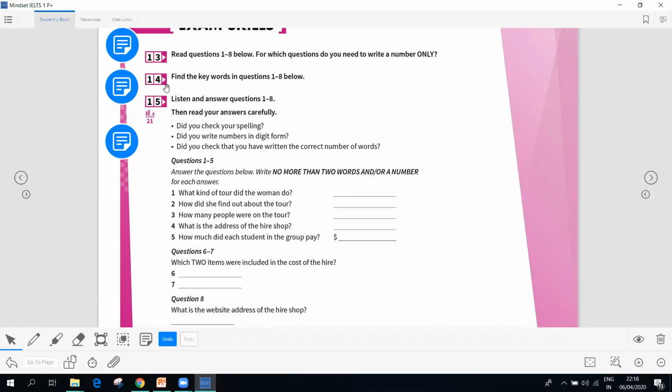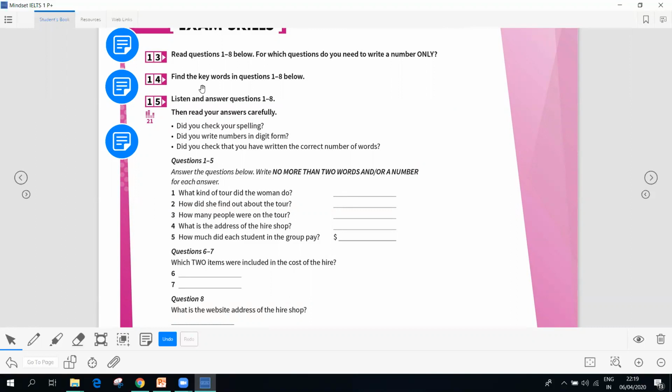Task 14 is finding keywords. I already showed you how to find keywords. Focus on the question word and look for content words. Do you remember what I told you about keywords? Keywords are words that carry the meaning of the question. So you can ignore prepositions, articles, and words like in, on, at, words that are not important.